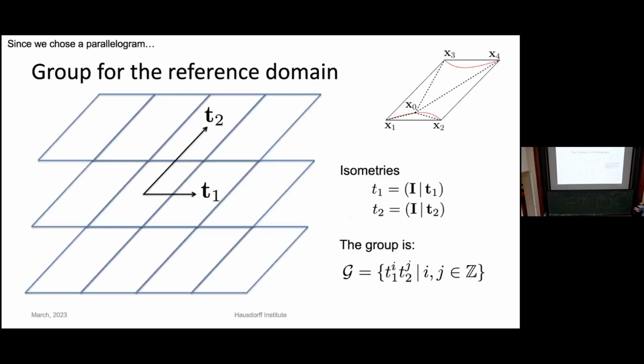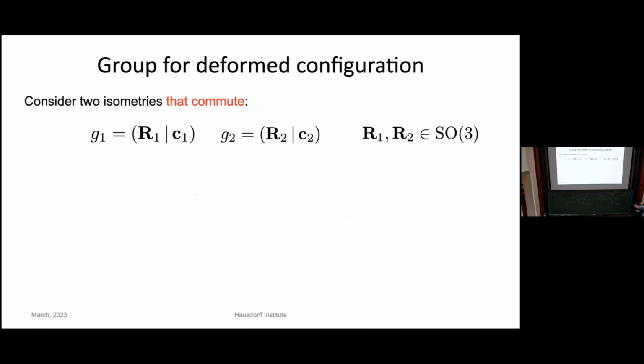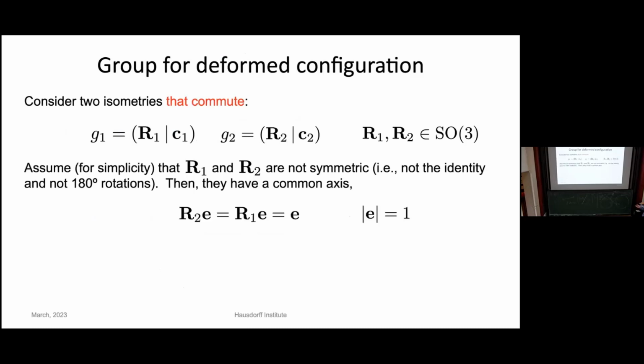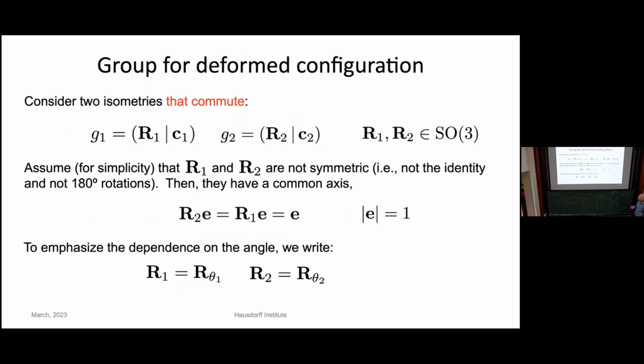And in the case that R1 and R2 are not symmetric, this means that they have a common axis, so R1E equals R2E equals E. That's a necessary condition that they commute, together with the fact that they're not symmetric. So the only free parameter then is the angle. I'll use that as a subscript. So R1E equals E, and the angle in R1 is theta 1, and the angle in R2 is theta 2.